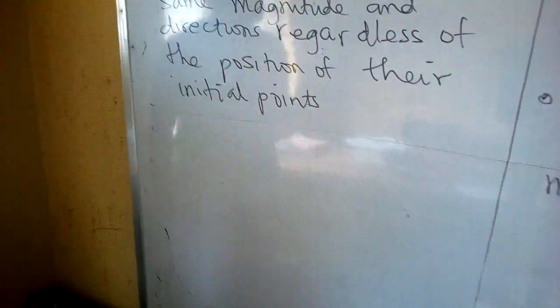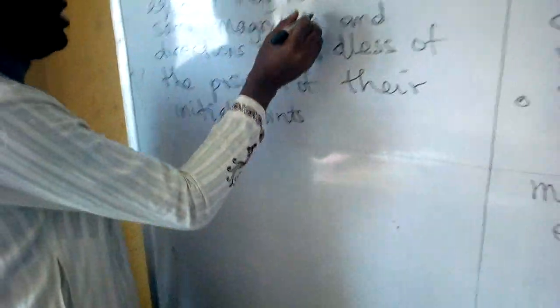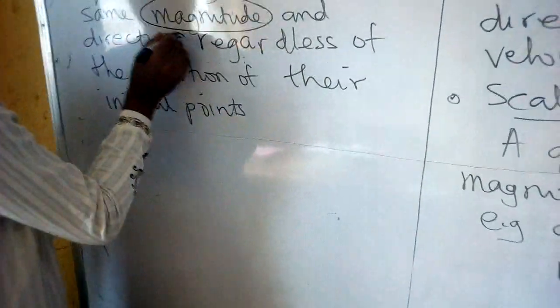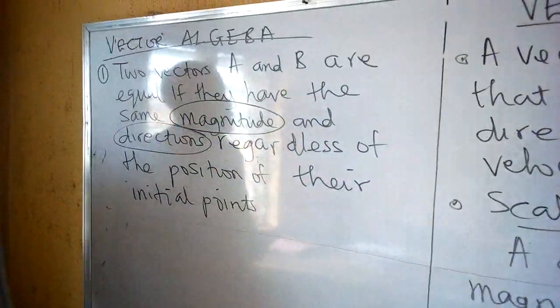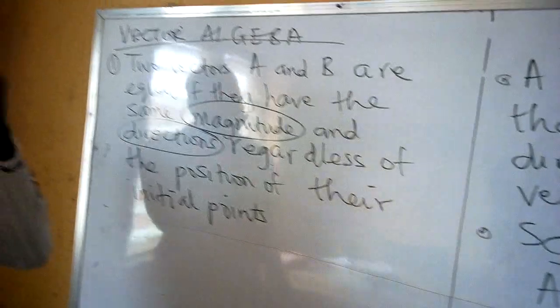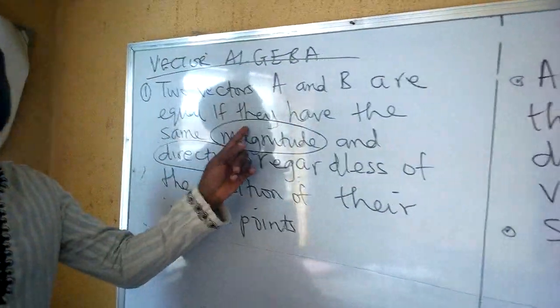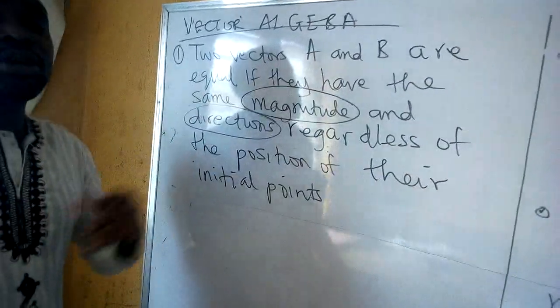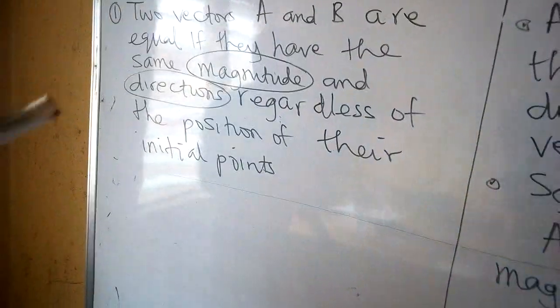So for two vectors to be the same, two things must be equal. The magnitude and the directions must be equal. If the directions are the same but different magnitude, the vectors are said to be parallel.